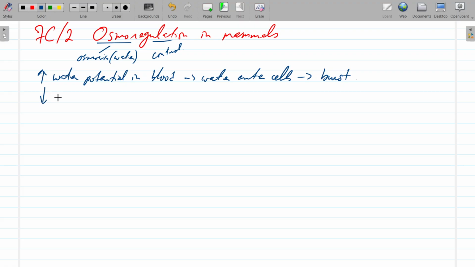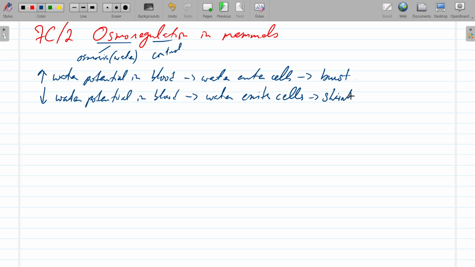If the water potential in the blood is too low, then water will exit the cells, they will shrink, and the contents will become concentrated.